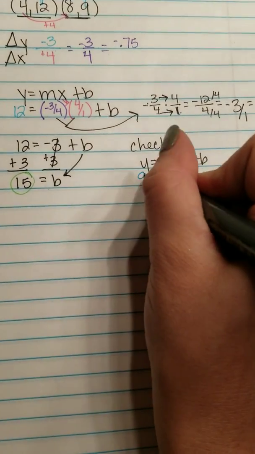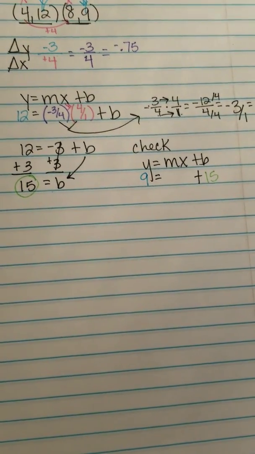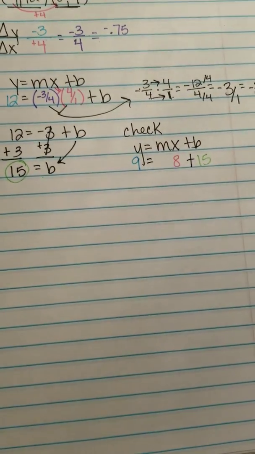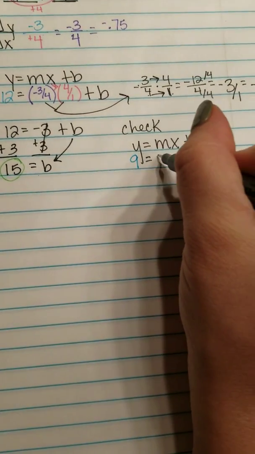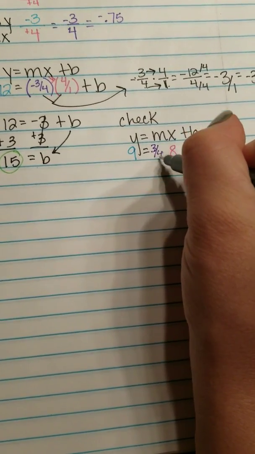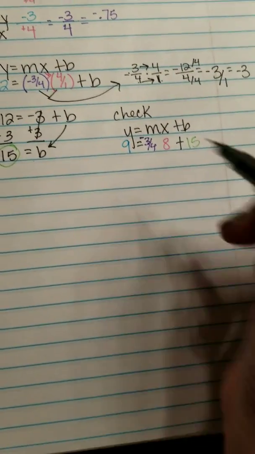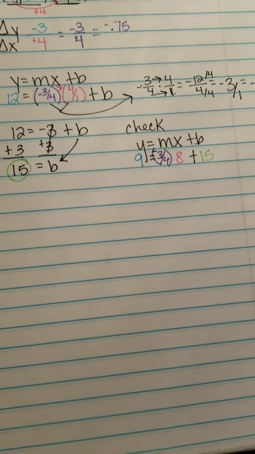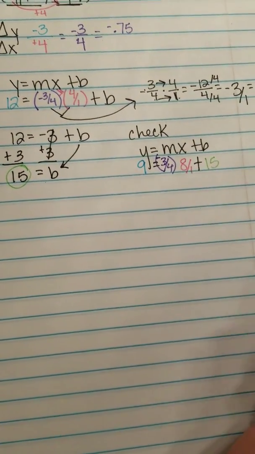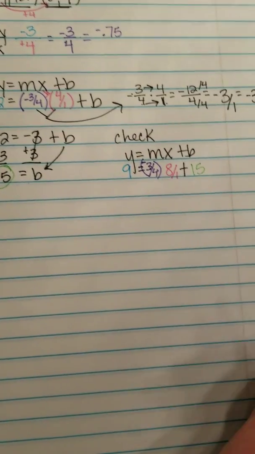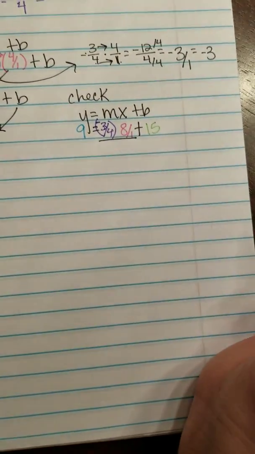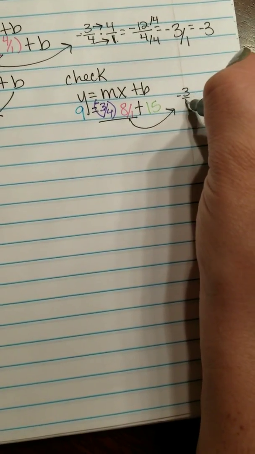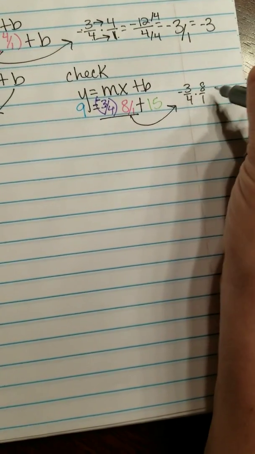Then we know that we made an error by switching the points to the second one. So my y is 9. My x is 8. And my slope is negative 3/4. And I'm going to multiply that by the 8, or 8 over 1. So I'm going to do that math first, and I get negative 3/4 times 8 over 1.